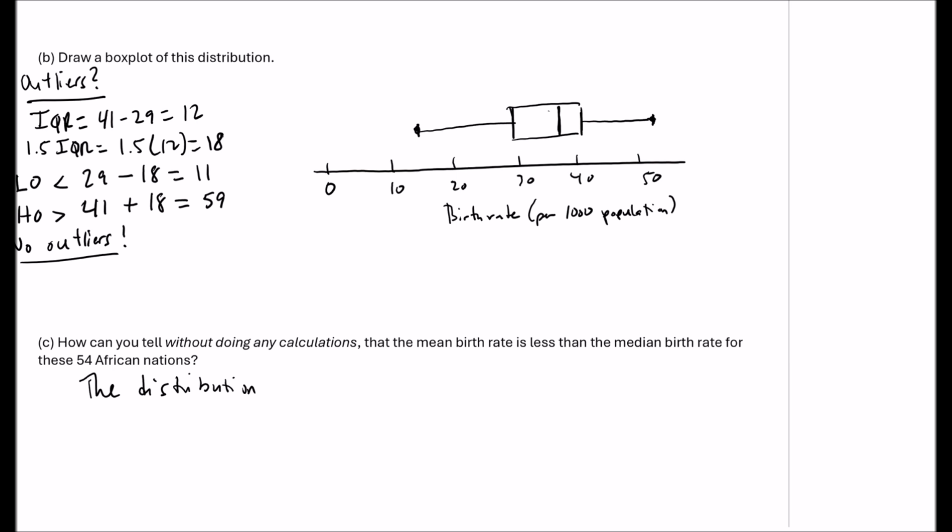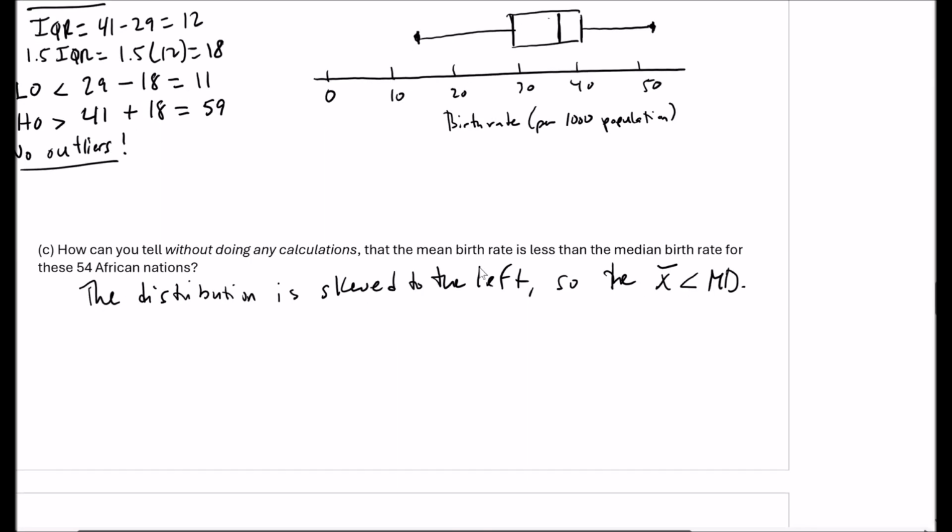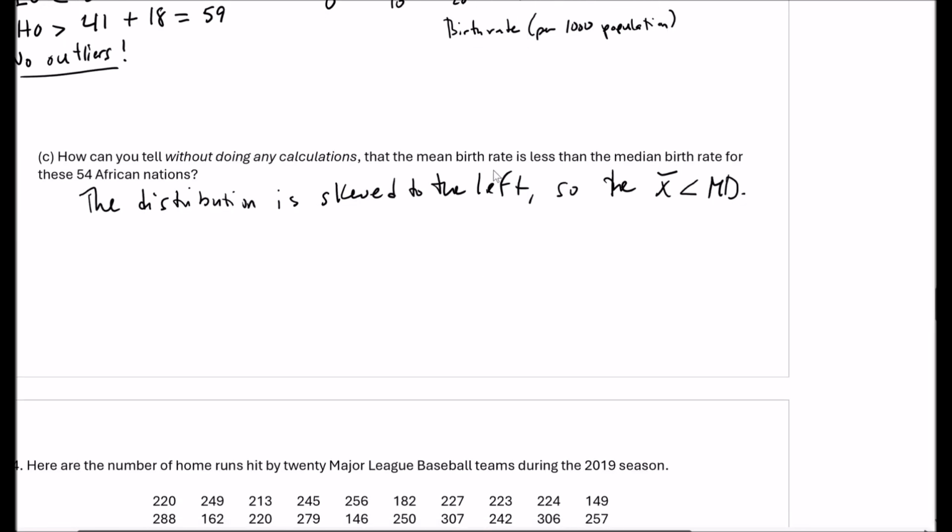You can also see that the median is to the right of the center, which also tells you it's skewed left. So there are two ways to determine that it's skewed left. So the mean birth rate is less than the median birth rate. And that's it. Without doing any calculations, you can tell.